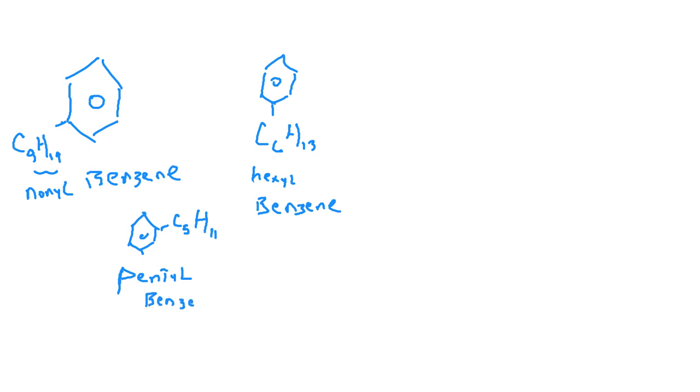And if I had, I'll do a different color for this one. Once again, one substitution, doesn't matter where I put it. If I put CH3, well, you guys are experts on this, right? So this is methylbenzene. But methylbenzene has another name also.